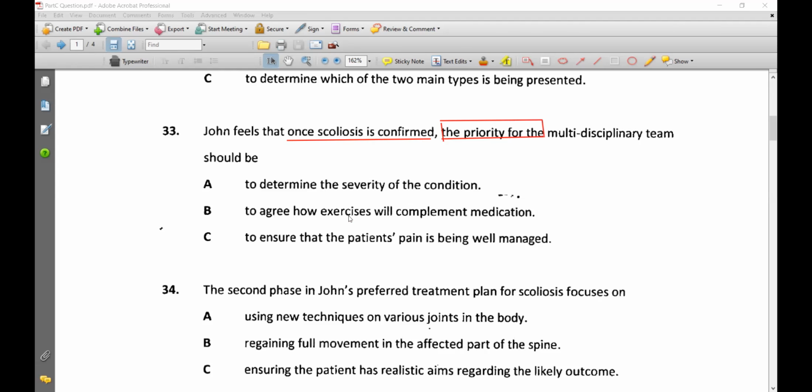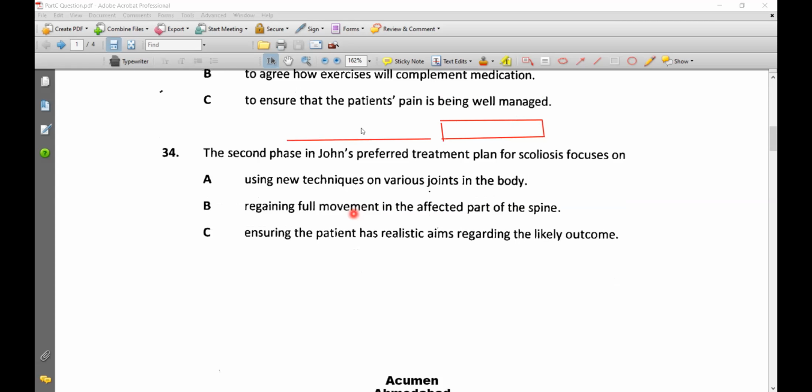That is something they would discuss here. Then in the next question, what is the topic here? In the second phase, John's preferred treatment plan for scoliosis focuses on. So you can expect that in this part of the conversation, they would describe how the second phase is designed and what it focuses upon.